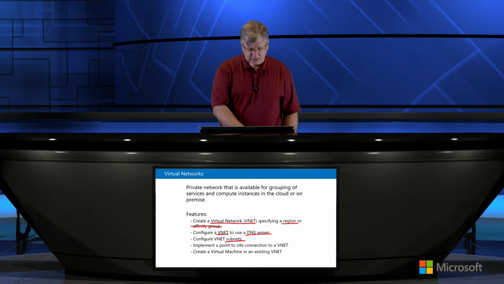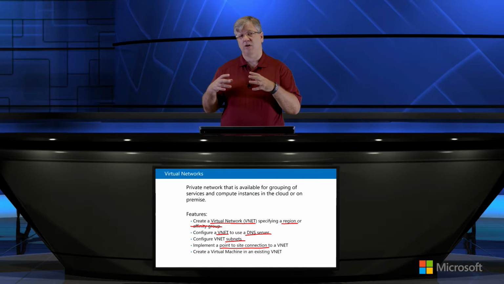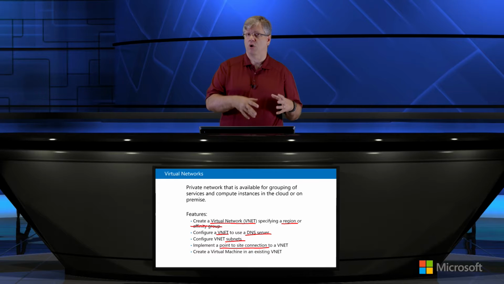You also have point-to-site and site-to-site connections. Point-to-site connection is essentially a VPN connection that's built into the virtual network capability within the Azure environment. You also have what's called site-to-site connectivity, and that's where I can set up connectivity between my entire virtual network and, let's say, my entire on-premise network.